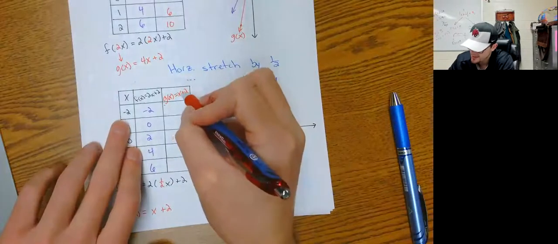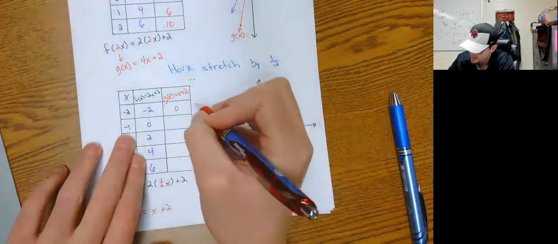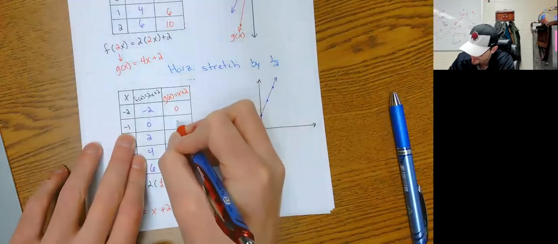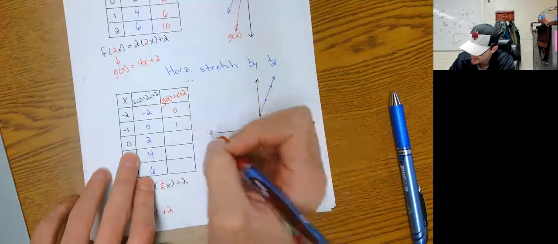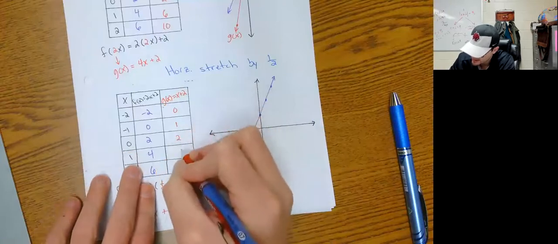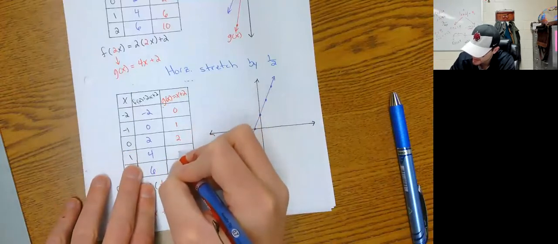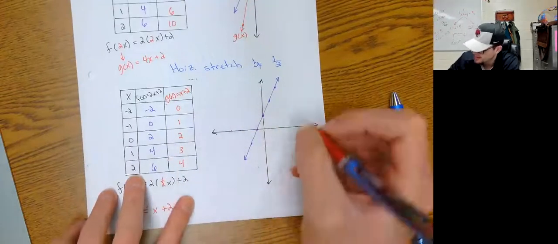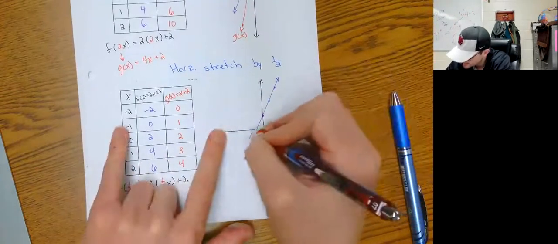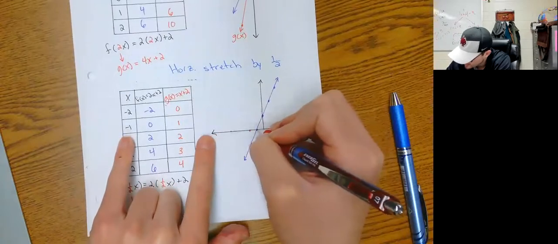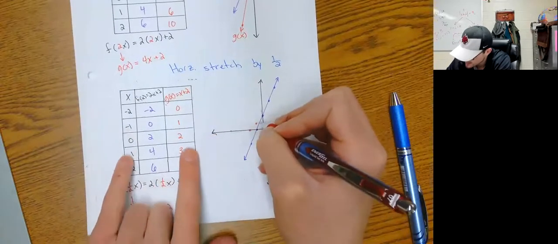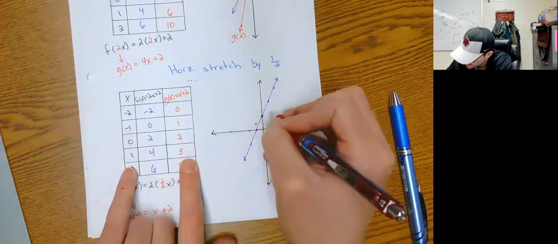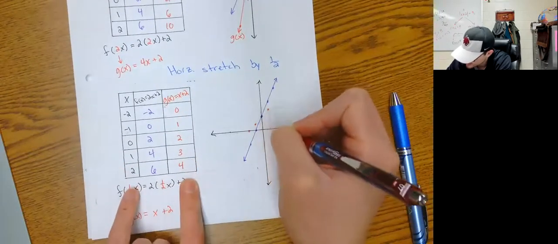So if I plug in -2, -2 plus 2 is 0. -1 plus 2 is 1. 0 plus 2 is 2. 1 plus 2 is 3. 2 plus 2 is 4. Okay, so it's adding 1 every time. All right, so -2, 0; -1, 1; 0, 2; 1, 3; 2, 4.